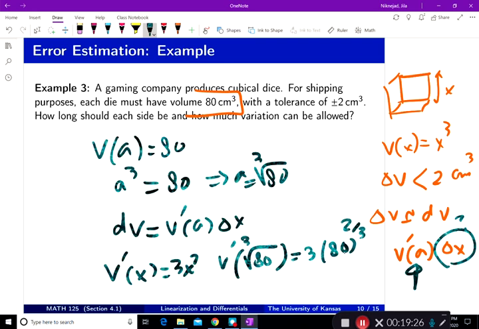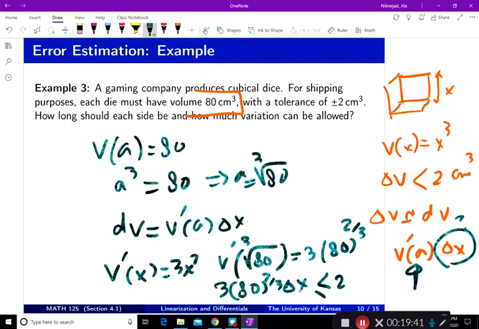And then what I want is 3 times 80 to power 2/3 times delta X to be less than or equal to 2.